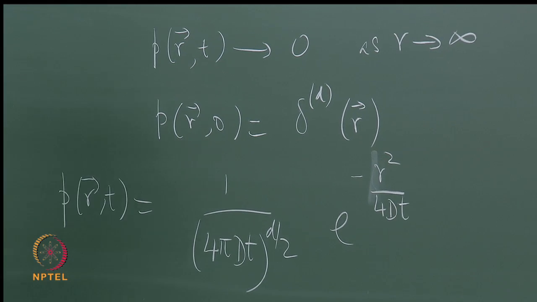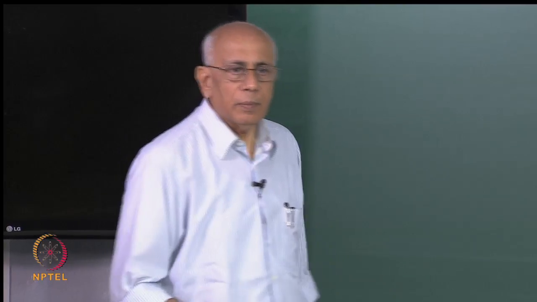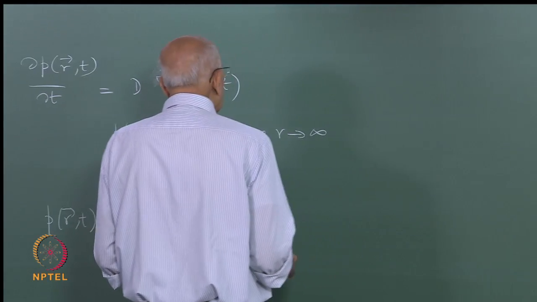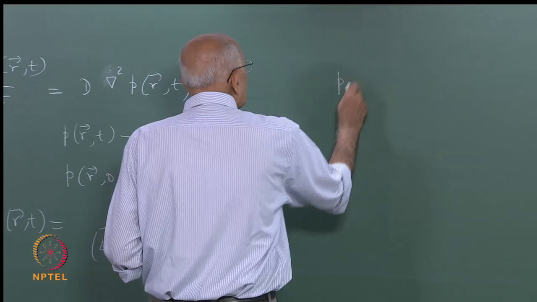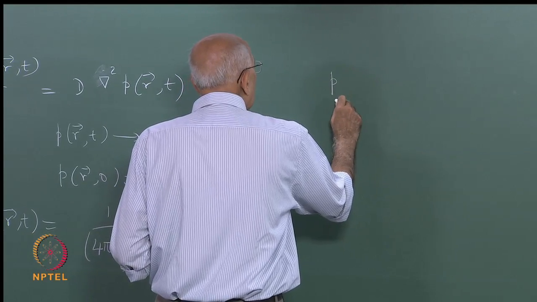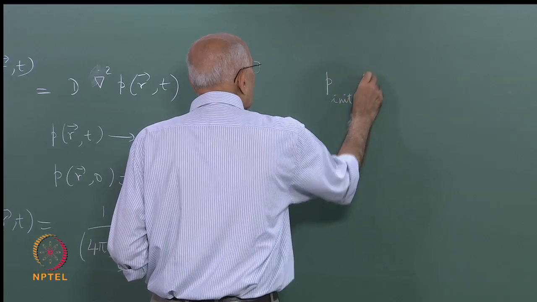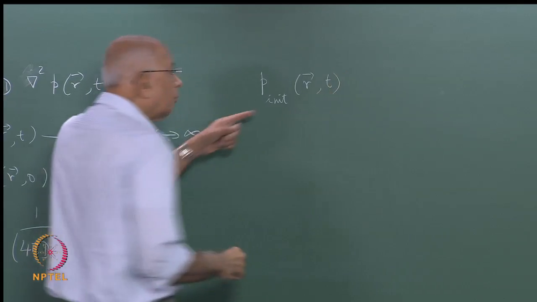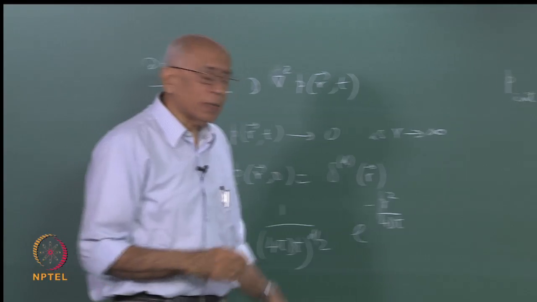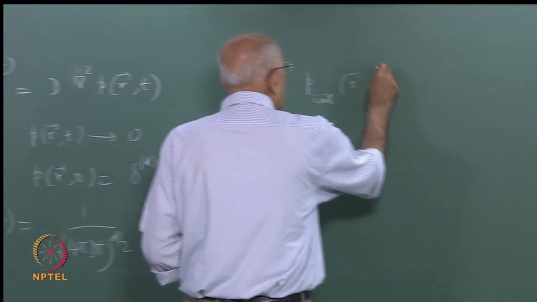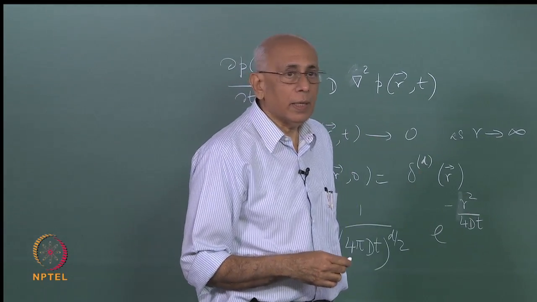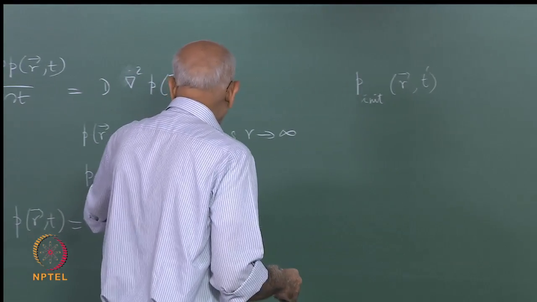I pointed out that this is also the Green function, because this essentially solves the problem for any prescribed initial condition. So if you tell me what P initial is as a function of r at some instant of time t equal to t prime, say, then I can tell you what the solution is at any later instant of time by simply inserting it in this.